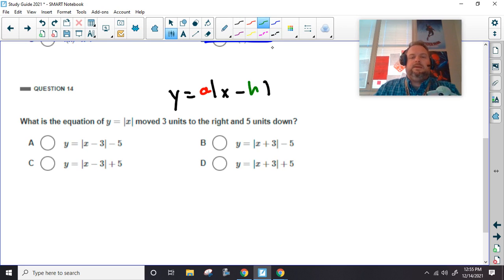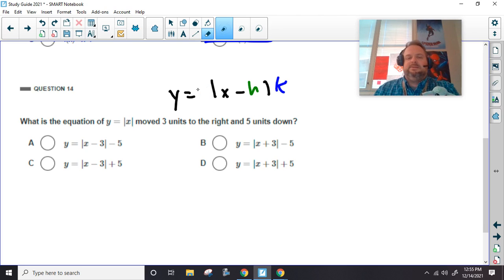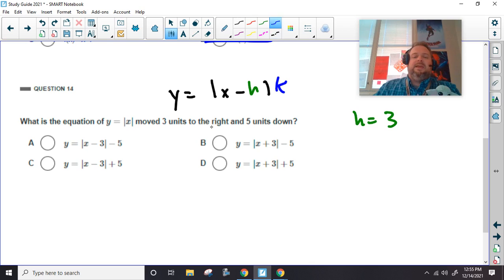A, H, and K. Now, I will tell you for this final, you won't have to worry about A. It's only H's and K's. Okay? All right. So move 3 units to the right. So my H for this is 3. And 5 units down. So my K is -5.